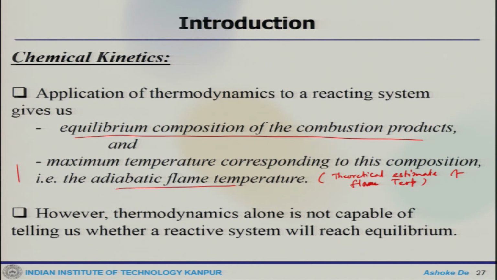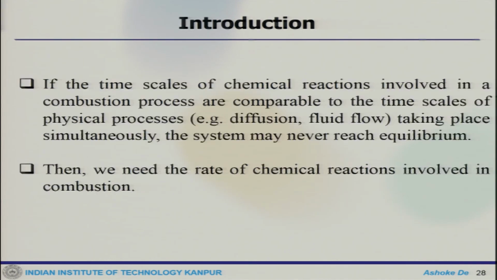That means thermodynamics can give you estimates of limits and equilibrium compositions, but it does not tell you whether the time scale of chemical reactions involved in the combustion process is comparable to the time scale of the physical processes, that means the diffusion and fluid flow taking place simultaneously. So, the system may never reach equilibrium.